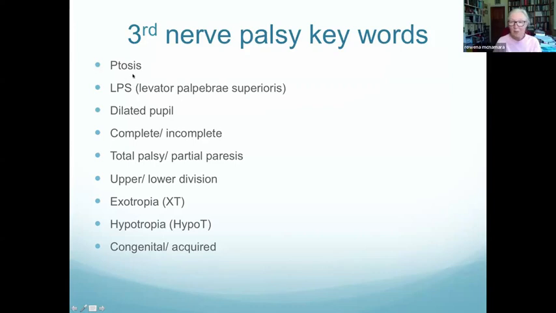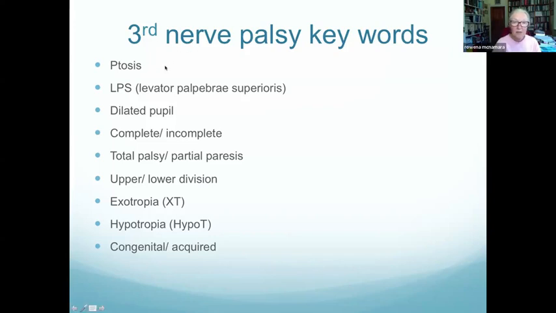So you need to remember the term ptosis for a drooping eyelid. The eyelid, the upper eyelid, is worked mainly by the levator to elevate the eyelid. The third nerve also sends impulses to the pupil, to the sphincter pupillae, to make the pupil smaller, so that if there's a third nerve palsy, the patient gets a fixed dilated pupil.